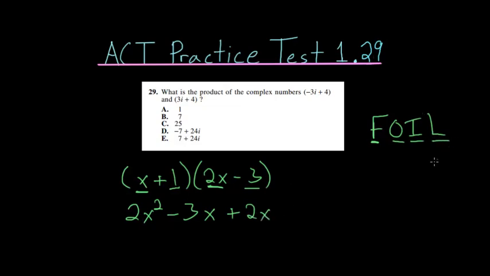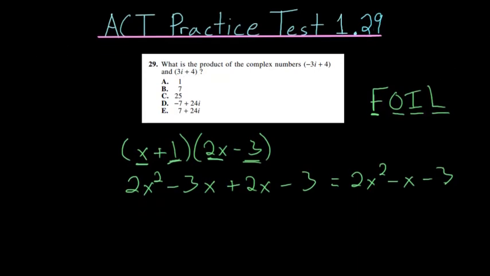And then L is for last. We multiply the 1 by the minus 3, which is minus 3. And then you could simplify this to 2x squared, minus 3x plus 2x simplifies to just minus 1x, or minus x, and then minus 3. So that's the basic mechanics of FOIL, and now we can apply it to our particular problem.